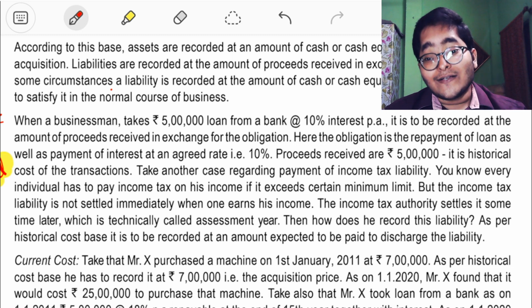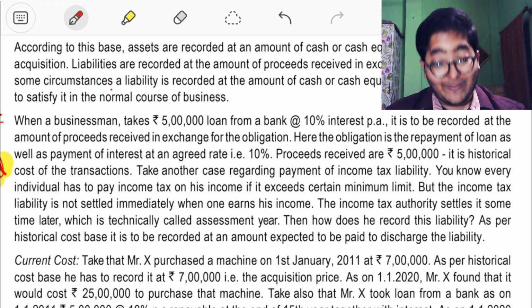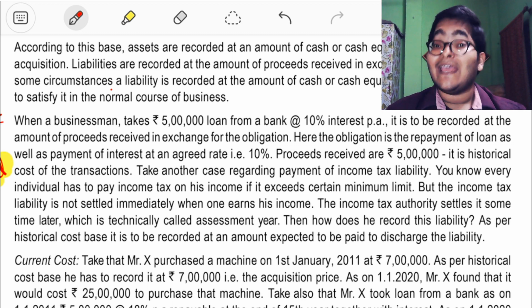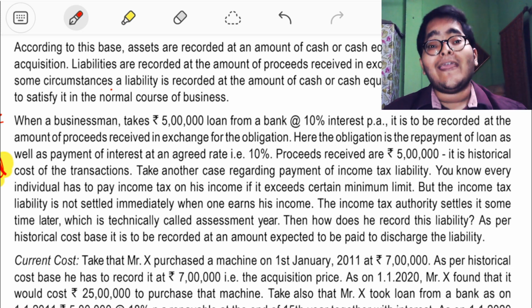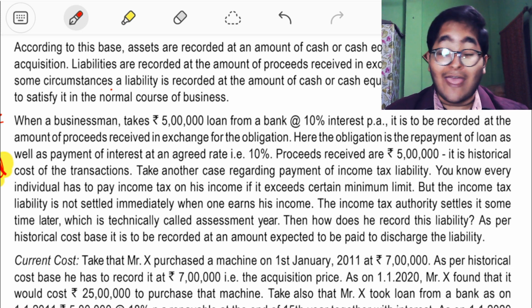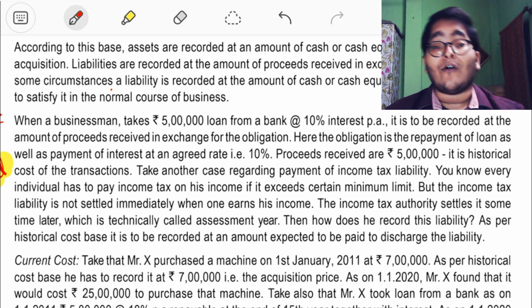Then, how does he record this liability? As per historical cost base, it is to be recorded at an amount expected to be paid to discharge the liability. इनकम टैक्स लाइबिलिटी को डिस्चार्ज करने के लिए जितना भी एक्सपेक्टेड अमाउंट पेएबल है उसे हम लोग हिस्टोरिकल कॉस्ट ऑफ इनकम टैक्स लाइबिलिटी कह सकते हैं.